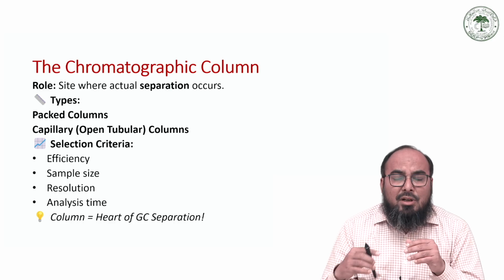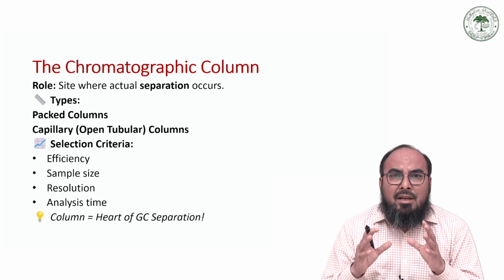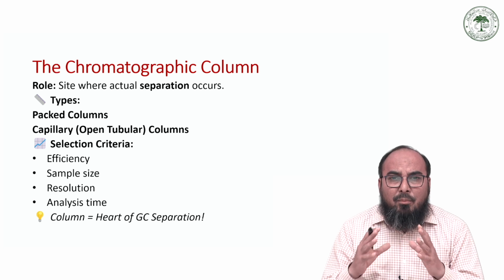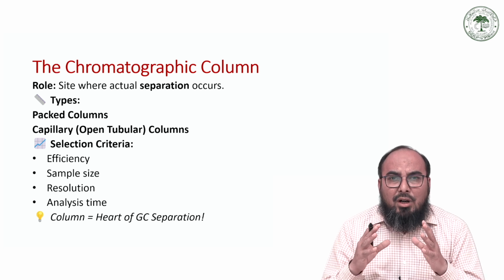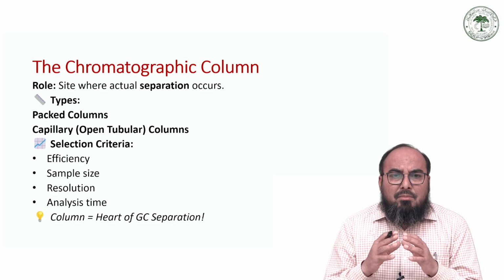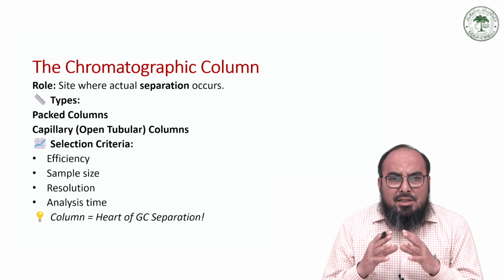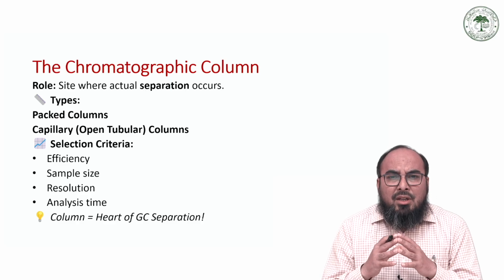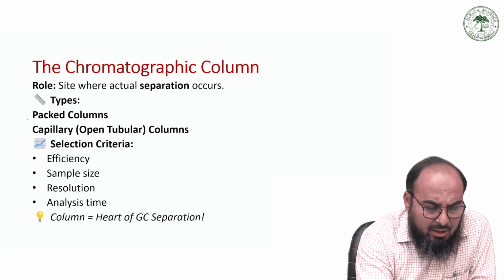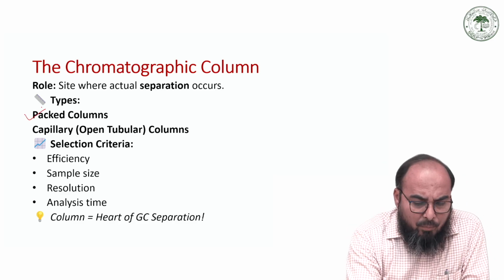The chromatographic column is the main part where the different components of the volatile sample get separated. Basically, this chromatographic column is broadly classified into two categories, namely the packed column and the open tubular column.